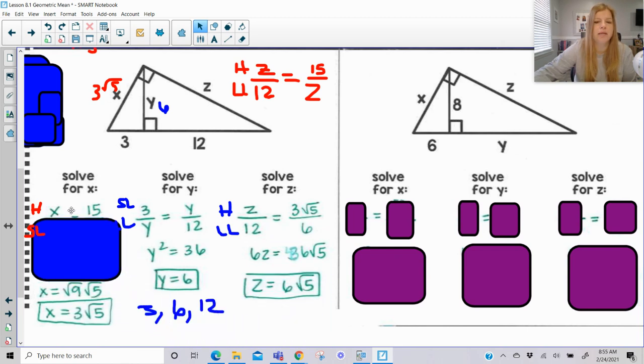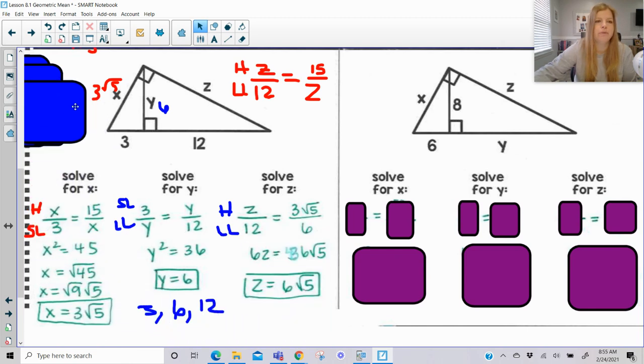You will end up getting 6 radical 5, which makes sense because 12 times 15 is 180. Radical 180 simplified is radical 36 radical 5, which becomes 6 radical 5.